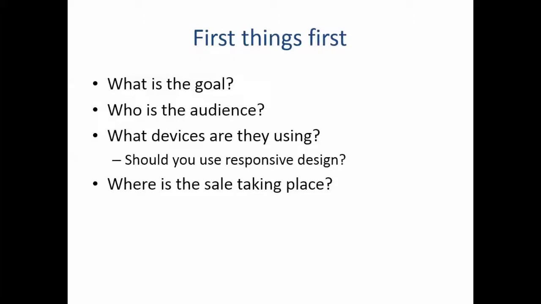Now, what brought them here gets a little bit into that second question, who's the audience? Ideally, you want to have a specific landing page for every different type of audience that you're going to drive to that page. For example, you might have a different landing page for an email campaign than you would for an AdWords campaign, because you're dealing with different audiences.